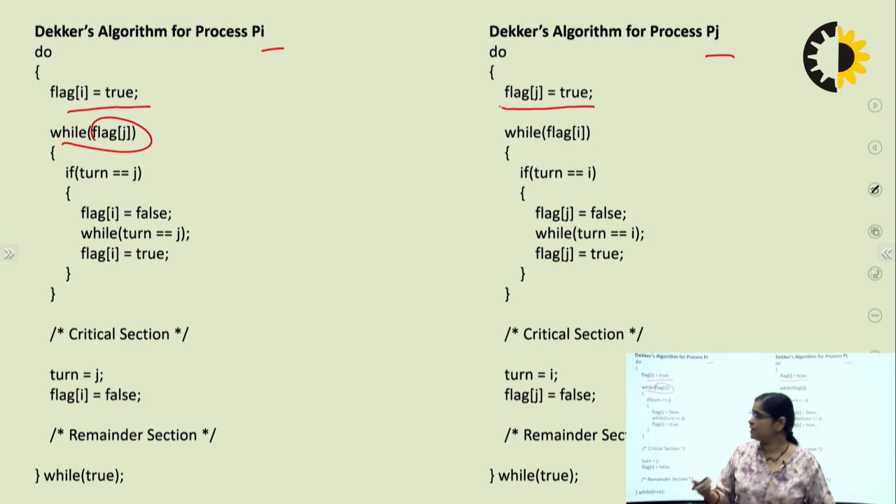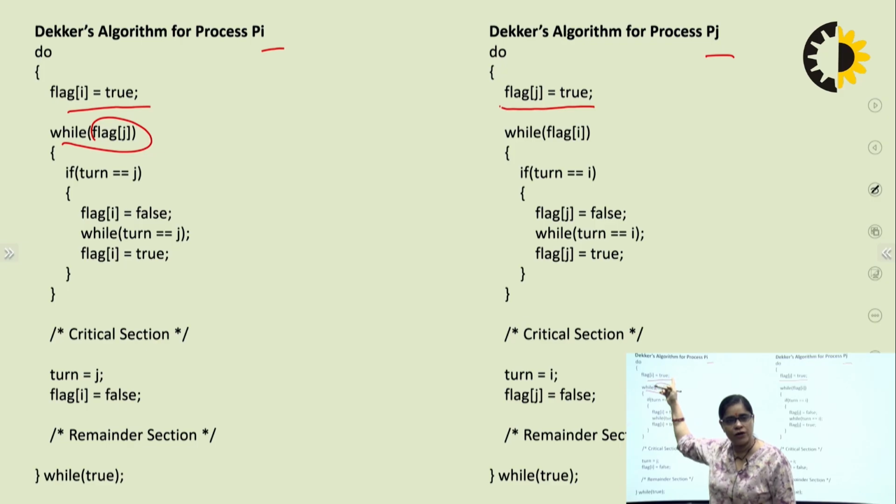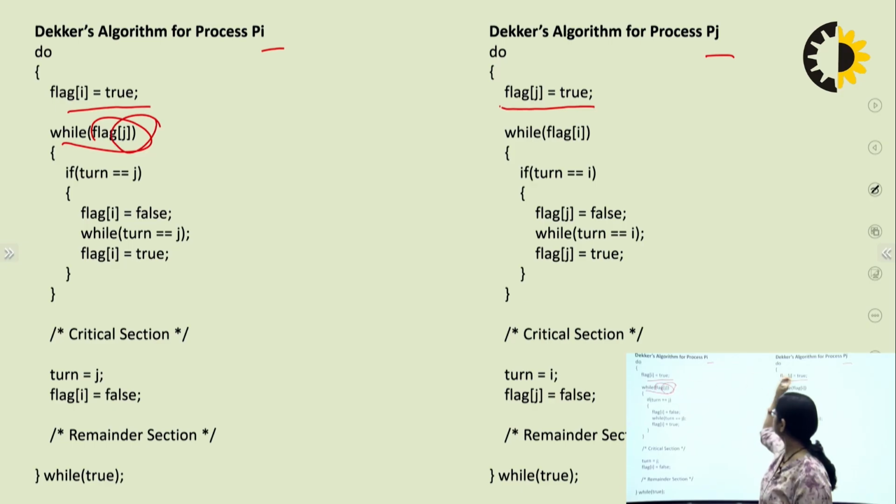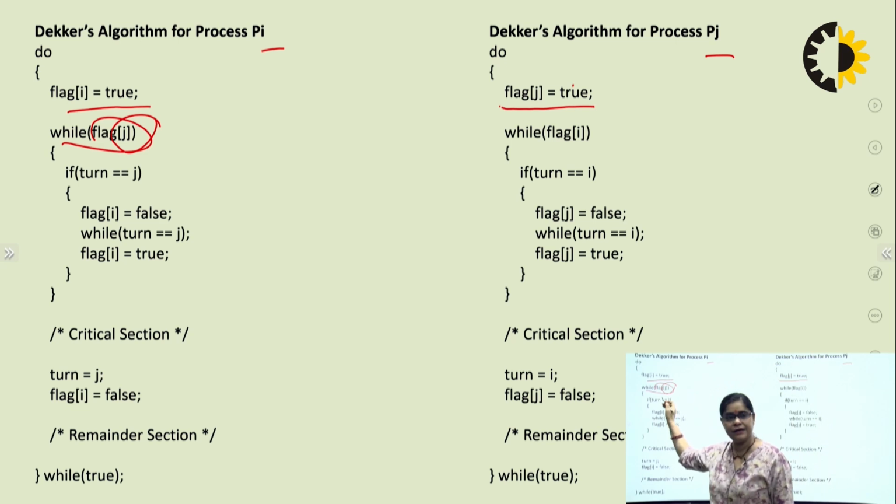So flag of i has indicated that it wants to enter, and flag of j has also indicated that it wants to enter, but even though flag of i wants to enter, it is allowing process j to enter first, if it wants to. It is giving up the permission, right?